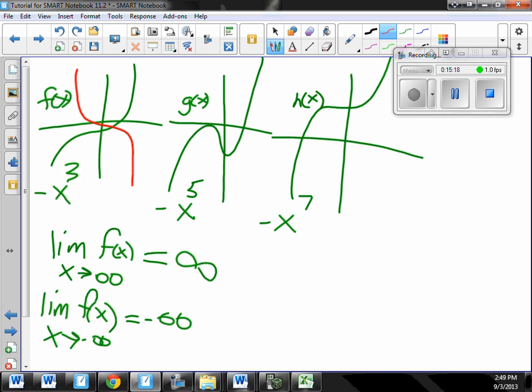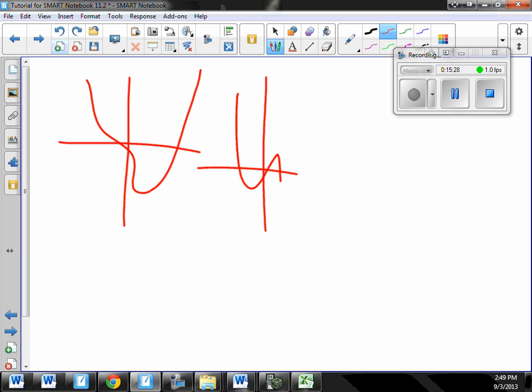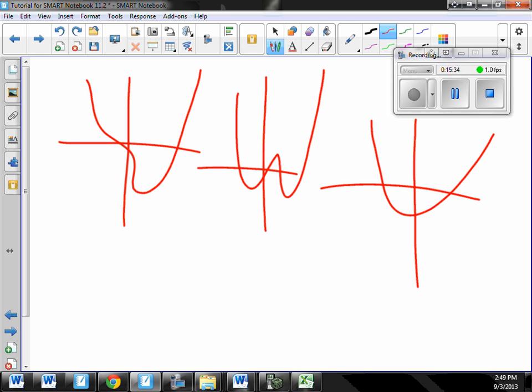Okay? What did you notice about the even numbered ones? So if, I don't know what yours looked like, something like this, and then something like that. So these are the x squareds, the x to the fourth, the x to the sixth, and so on.